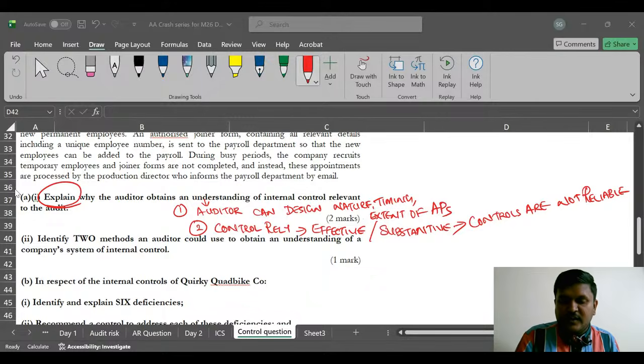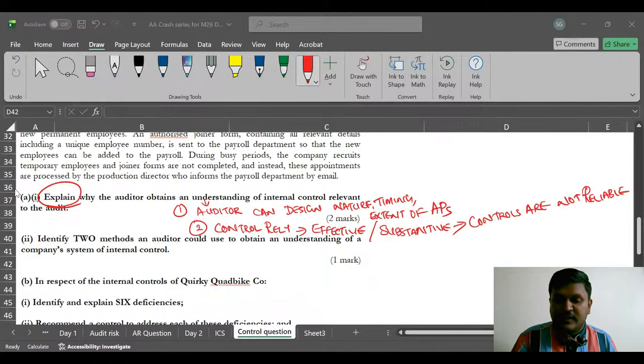You need to write in 2 to 3 sentences to gain the 2 marks, so it is better to understand how to start this. The auditor will be designing this. Accordingly, if the auditor gets a control reliance strategy, they will decide the nature, timing and extent.